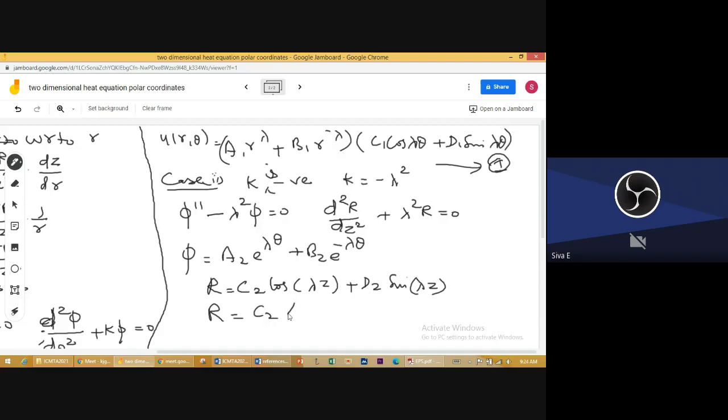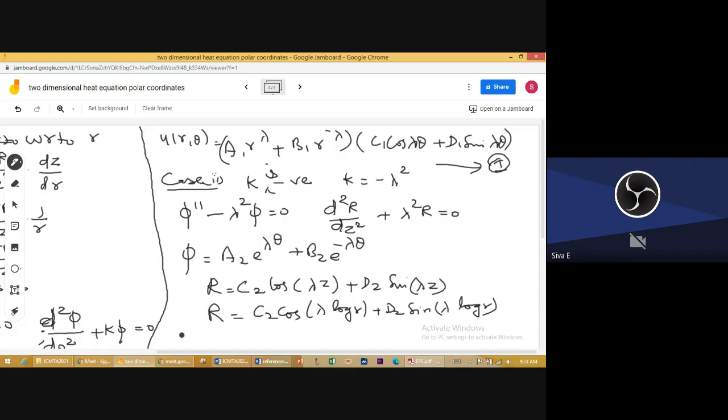C2 cos lambda z is log r plus D2 sin lambda log r.